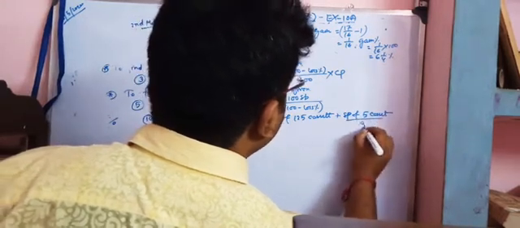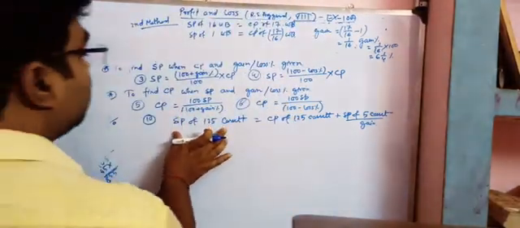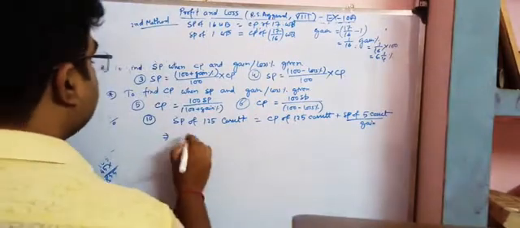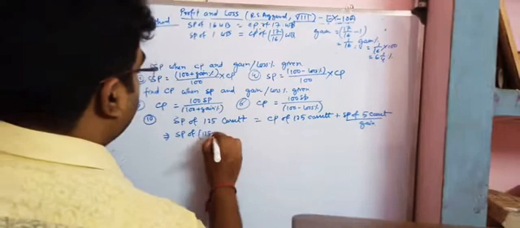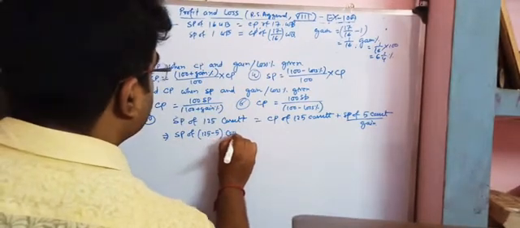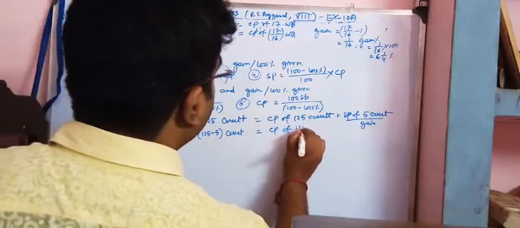So this is my gain, meaning SP is more than CP. So from here we are getting SP of 125 minus 5 cassettes equal to CP of 125 cassettes.